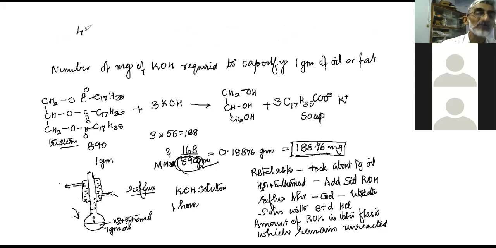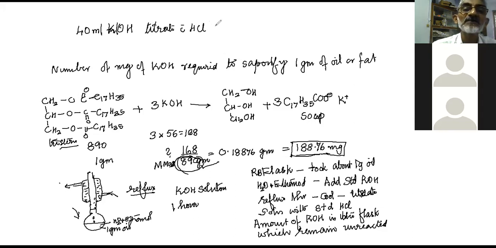Take 40 ml of the same KOH solution and titrate it with HCl. This will give the total amount of potassium hydroxide which we have poured inside, the initial value of potassium hydroxide.